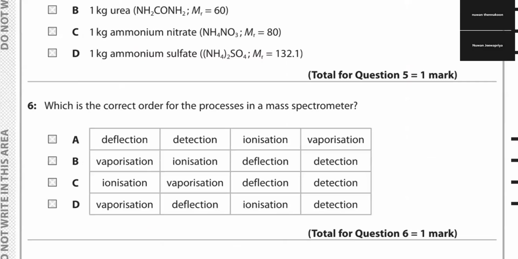Which is the correct order of the processes in a mass spectrometer? Which is the correct order for the processes in the mass spectrometer?